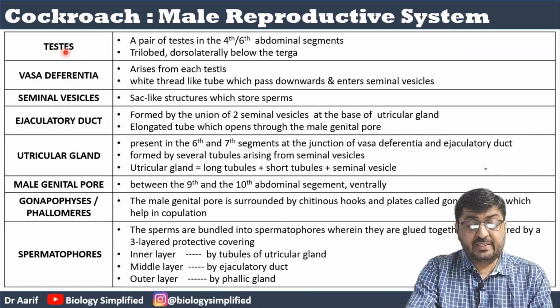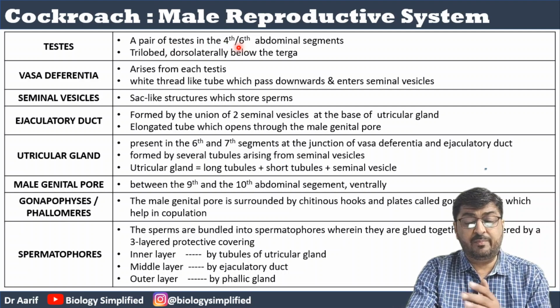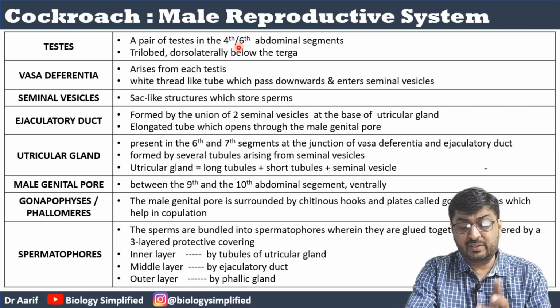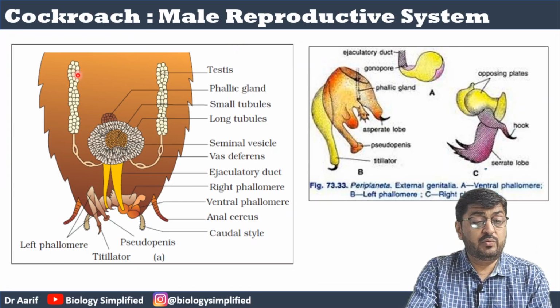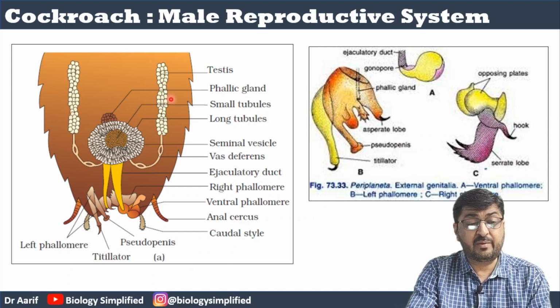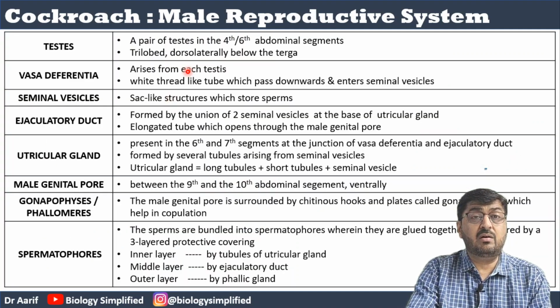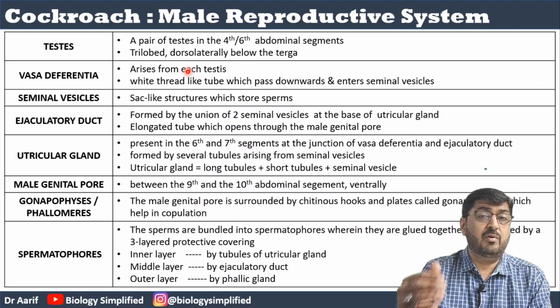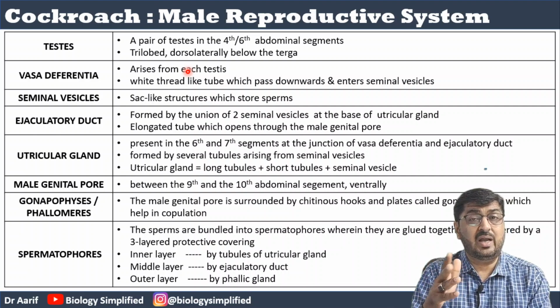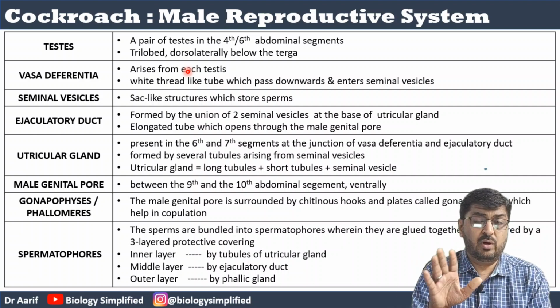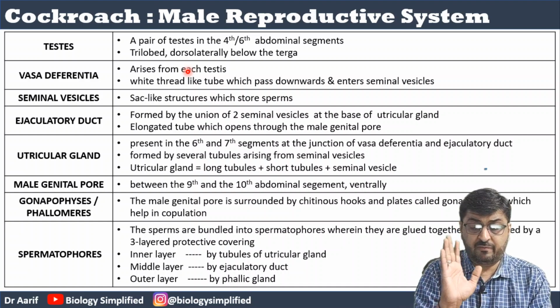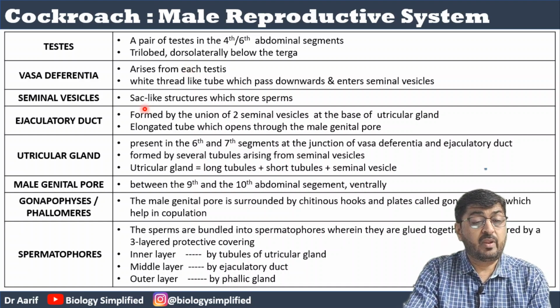It is made up of testes, a pair of testes in the 4th to 6th abdominal segment, can be 4th, 5th, 6th, either of them. So do we see the testes lying in the 4th to 6th abdominal segment? Again, for any differentiating factor, if the number of segments is given differently in NCERT, we follow what is given in NCERT. Be very clear with that, please.